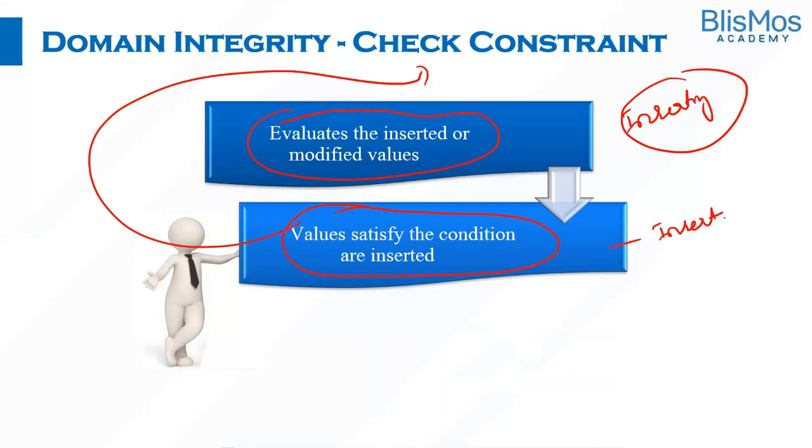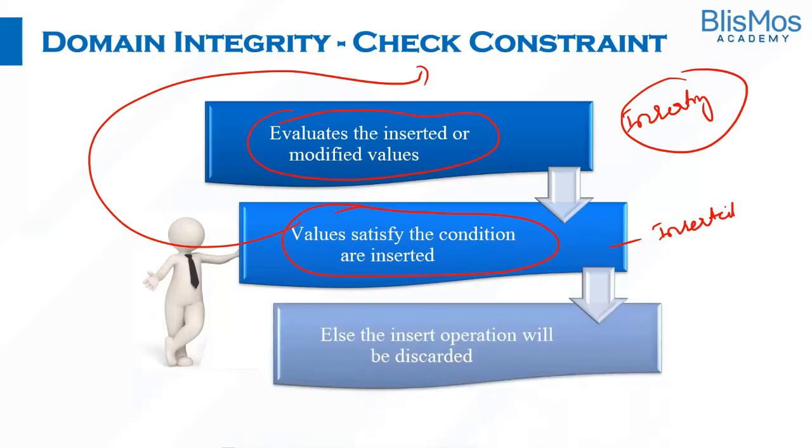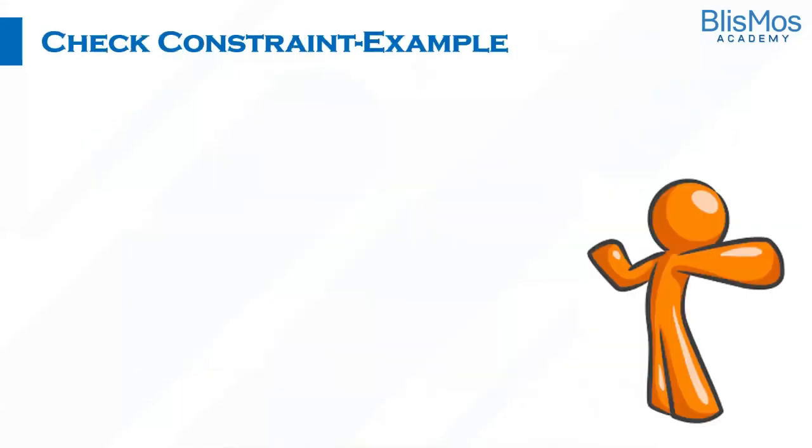It will allow us to insert only those values. Any values which are not satisfying the constraint will either throw an error or be discarded. This is how any check constraint works when we are inserting values into a table defined with a check constraint. Let us take an example here.